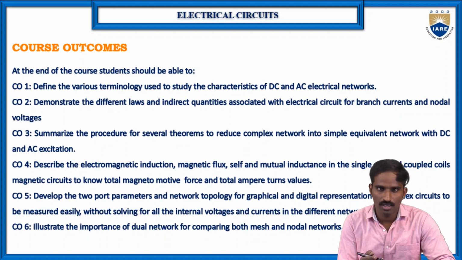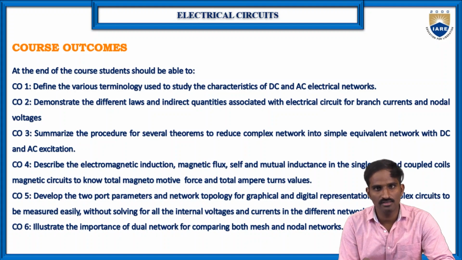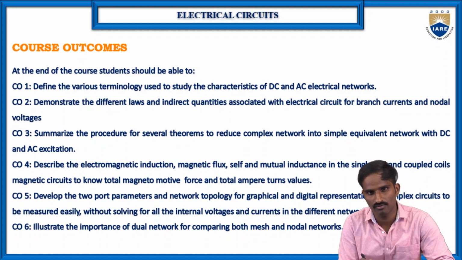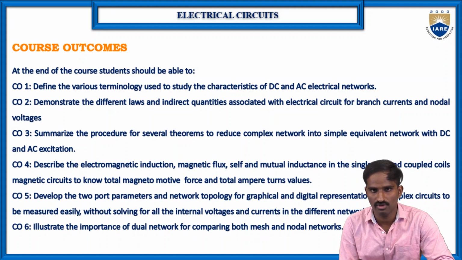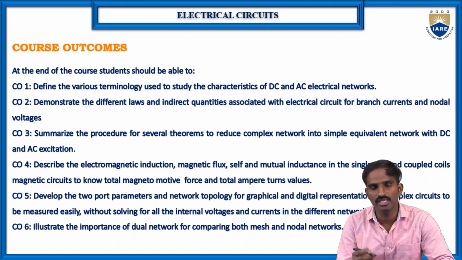You can see that similar concepts repeat in the course objectives and outcomes. But the major difference is that the course objective is what students will try to learn from the course. At the beginning of the course, the student can know what he is going to learn.